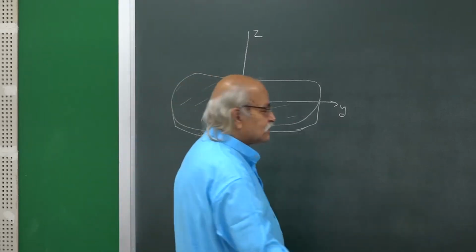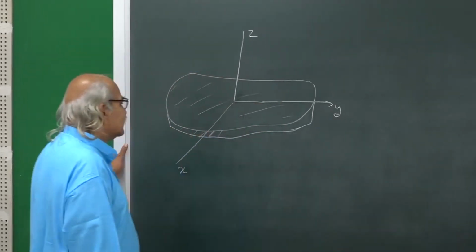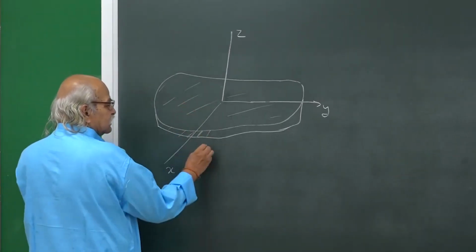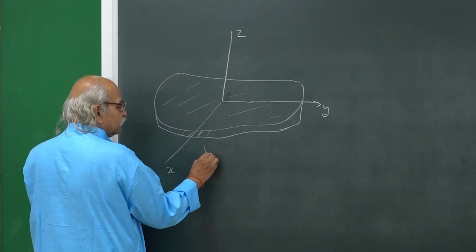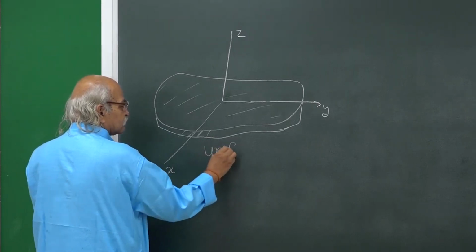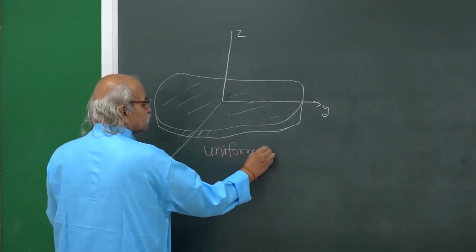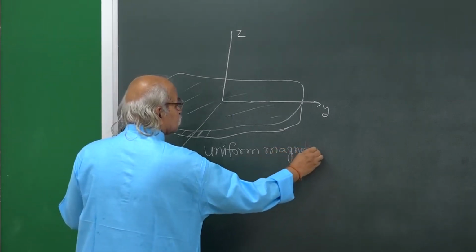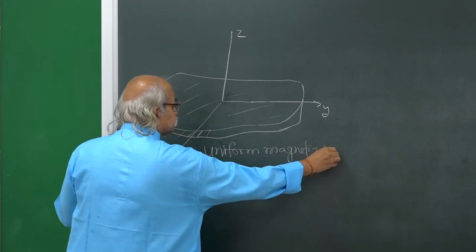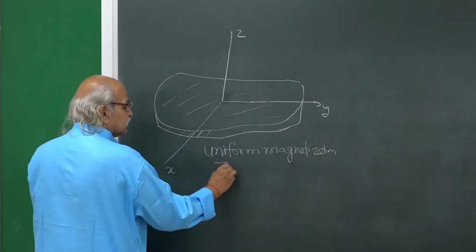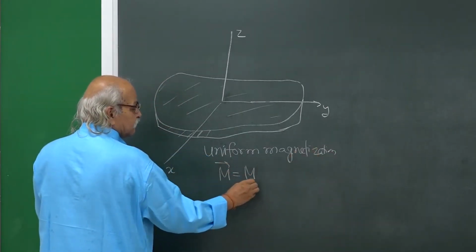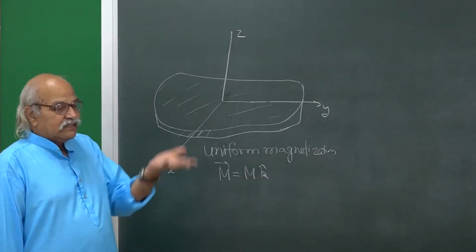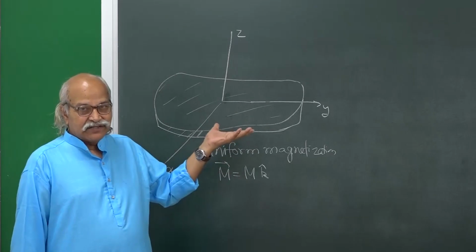That is how we put our coordinate system, and let us say it has a uniform magnetization M, which is a constant M, in the k cap direction. So along this thickness you have magnetization.